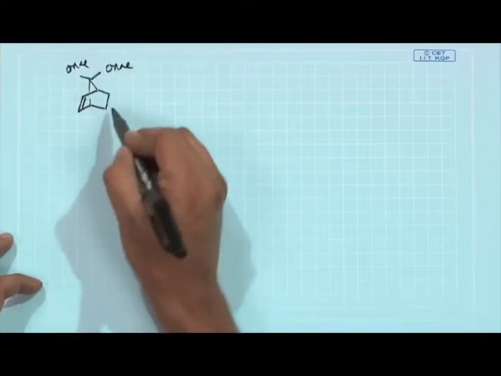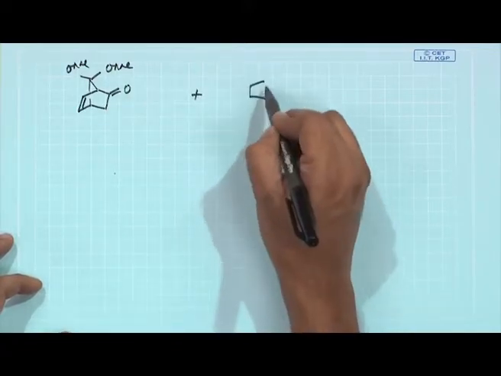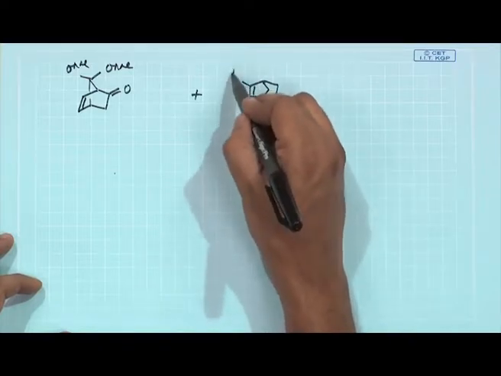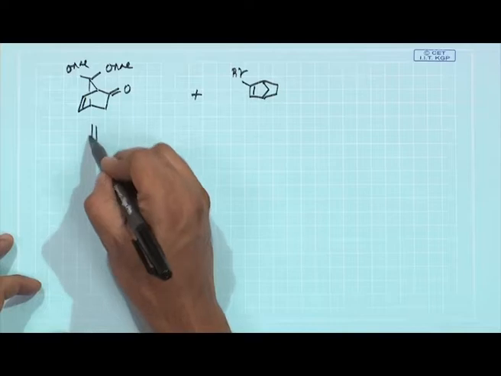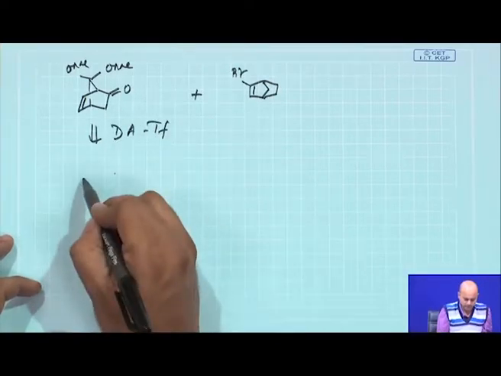So, the intermediate now is basically this intermediate as well as this intermediate, fine. For this intermediate, a Diels-Alder transformation is very useful.